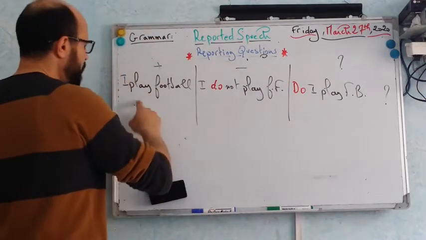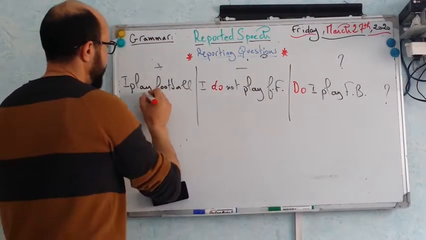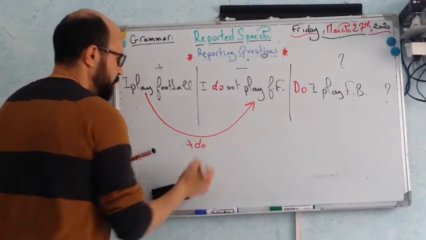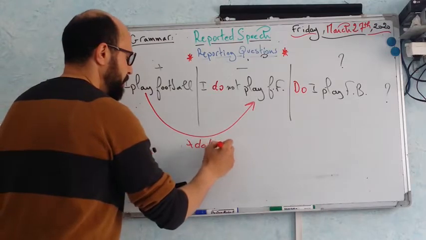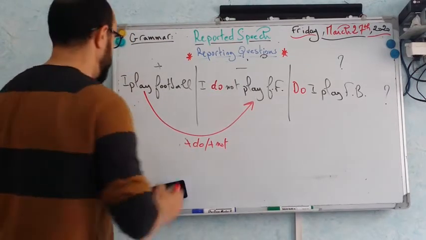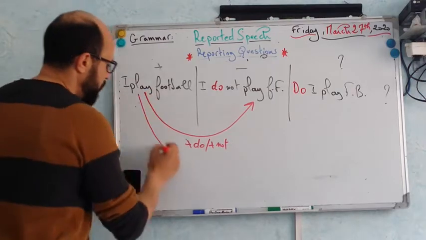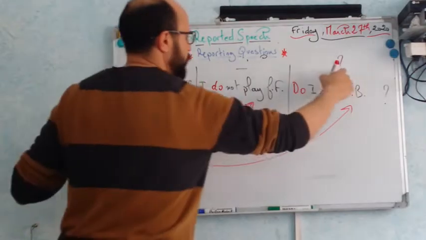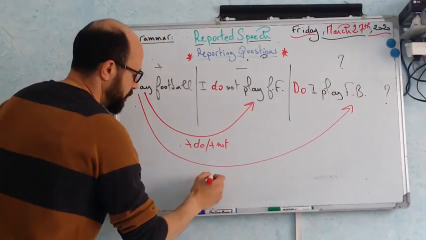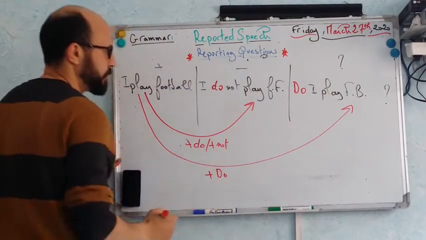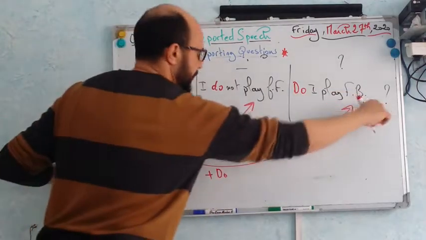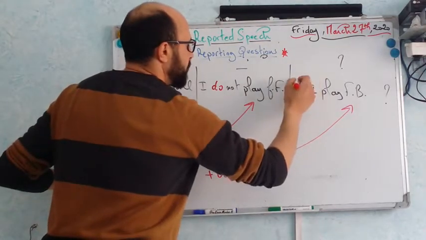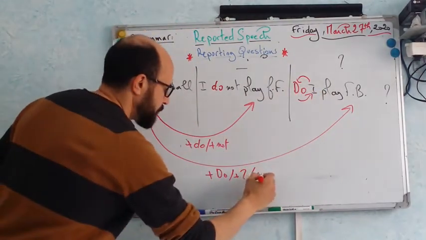So when we wanted to go from the affirmative form to the negative form, we add do and we add not. When we wanted to move from an affirmative sentence into an interrogative sentence, we add the helping verb do, we add the question mark, and we add inversion.